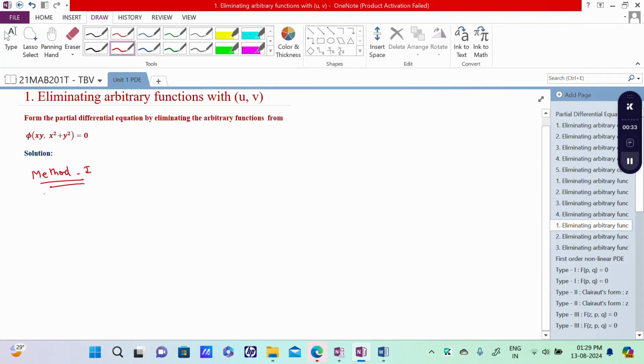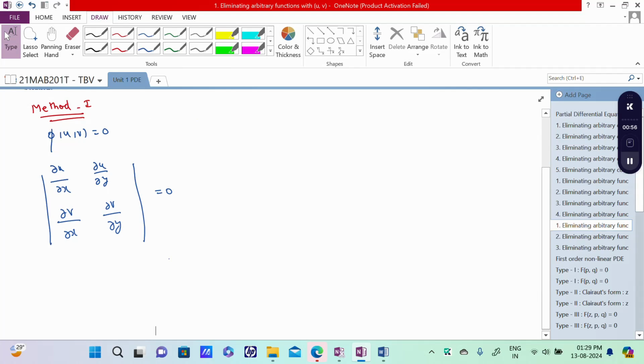Method 1. When the function of uv equal to 0, then the Jacobian is nothing but the determinant of dou u by dou x, dou u by dou y, dou v by dou x, dou v by dou y equal to 0.